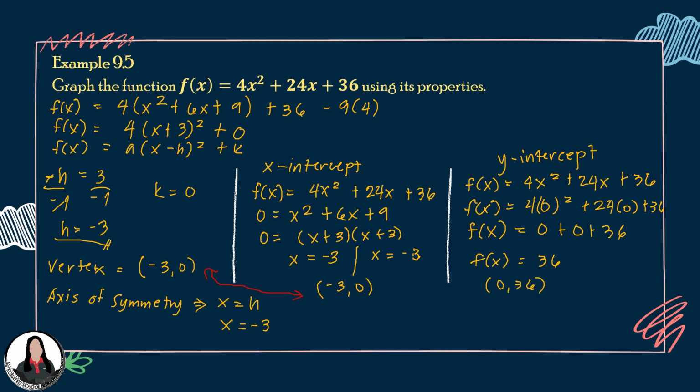Next, how about the domain? So for our domain, we have possible values of x such that x is an element of real number. So ganun lang, walang ibang sagot. Ganun din ang range. So how about the range? Okay, so if the parabola opens upward, so our range is set of all possible values of y such that y is greater than or equal to the value of k, which is 0.